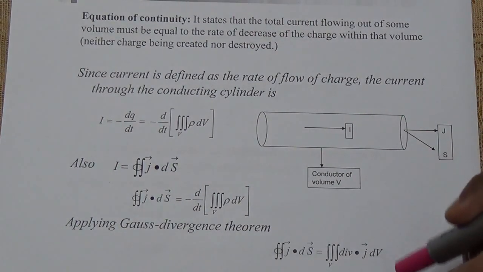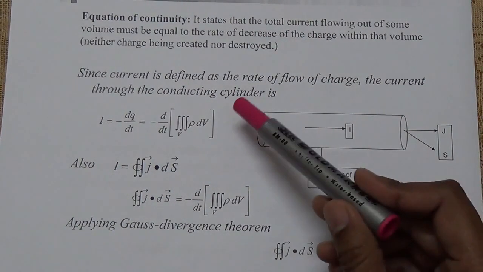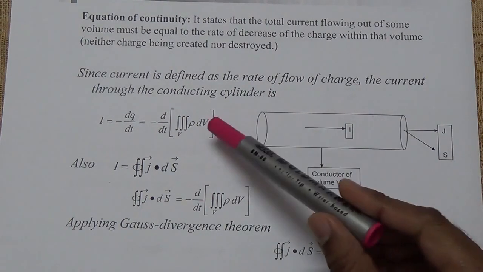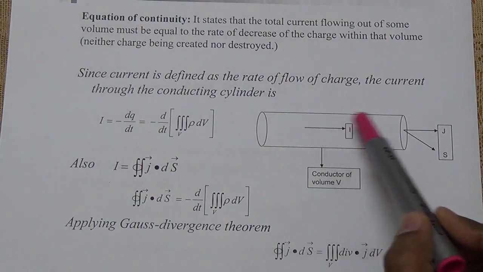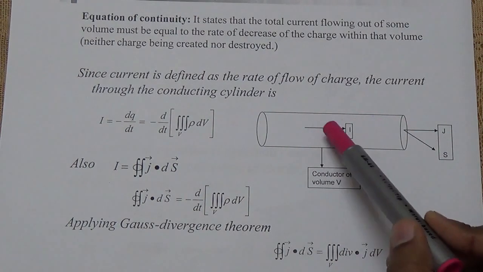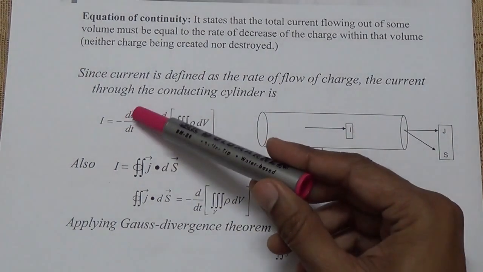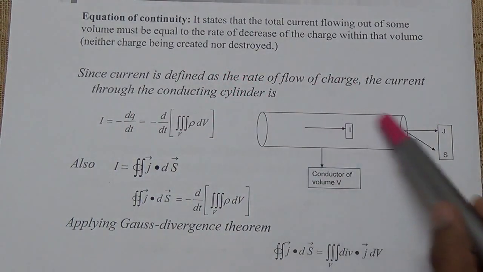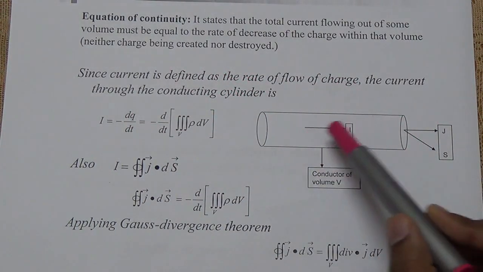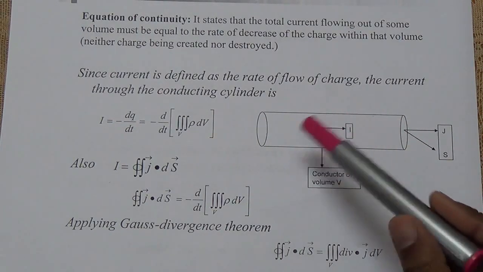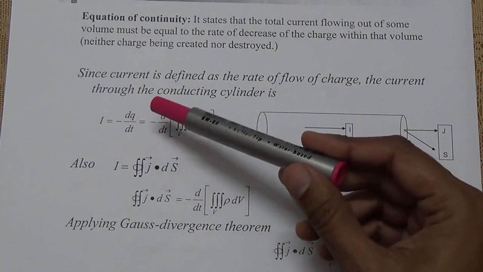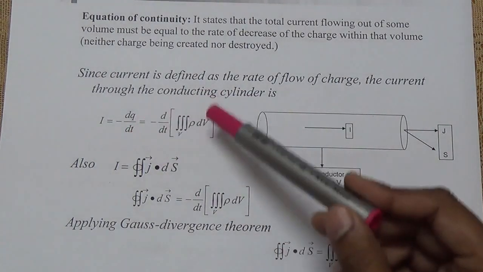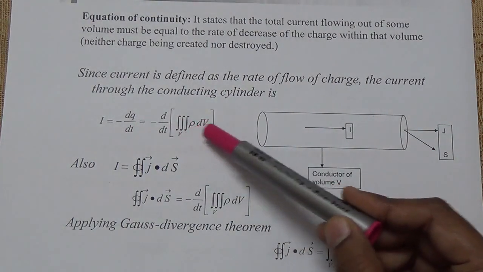Since the current is defined as the rate of flow of charge, the current through the conducting cylinder is I, capital I, equal to minus dq upon dt. Because this is a solid cylinder, there will be a volume charge density instead of q, so we use q equal to the volume integral of rho dV.